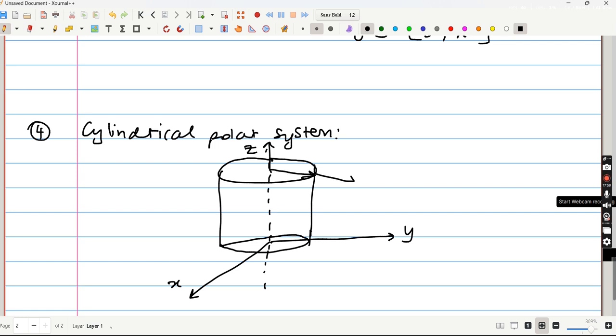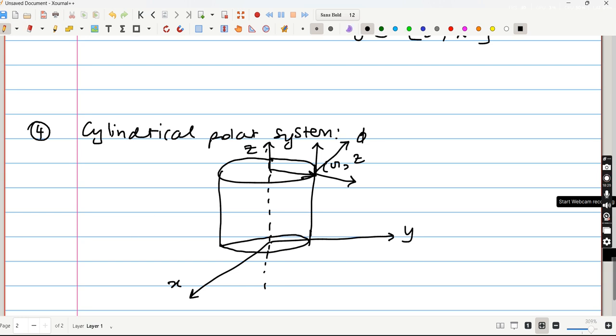So let us call it r. And it can move along the axis z. So I will call it z. And it can move around the cylinder as well.